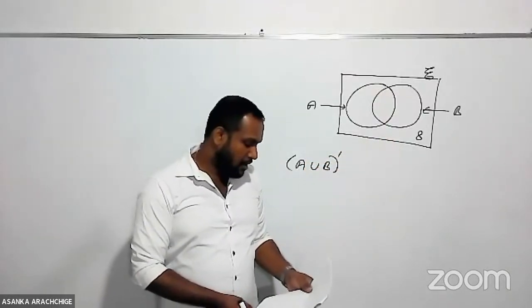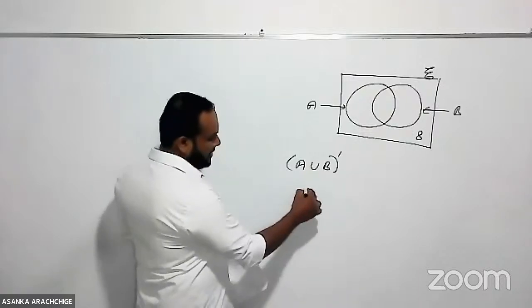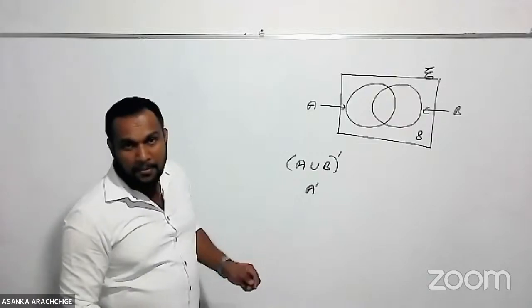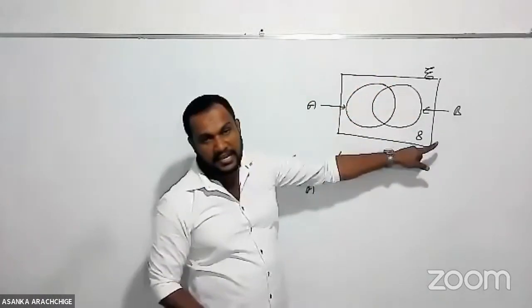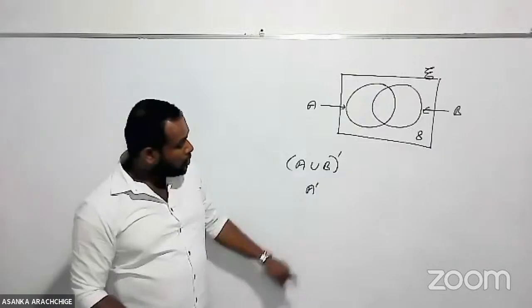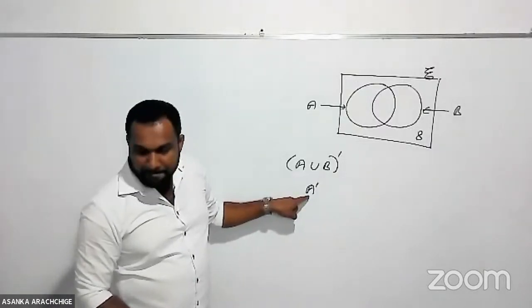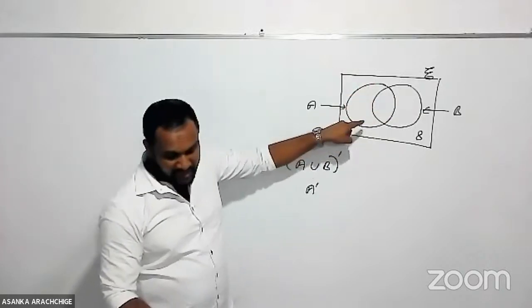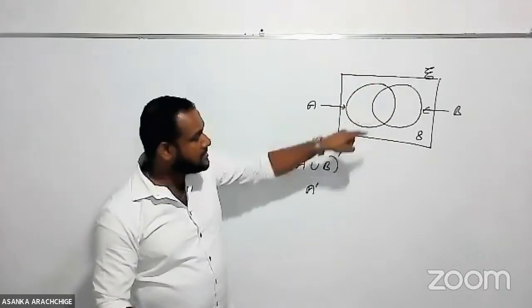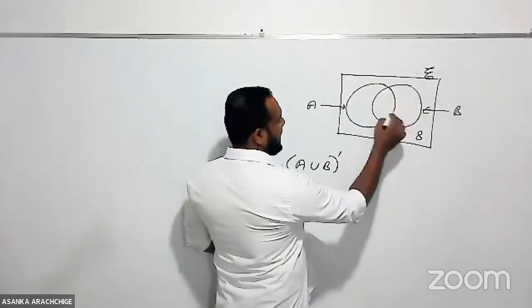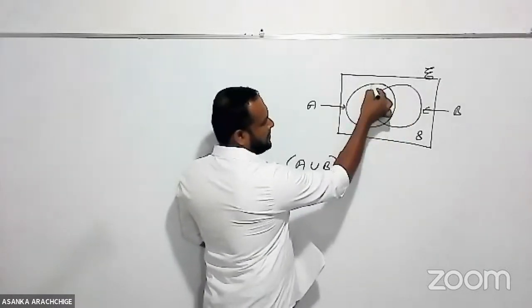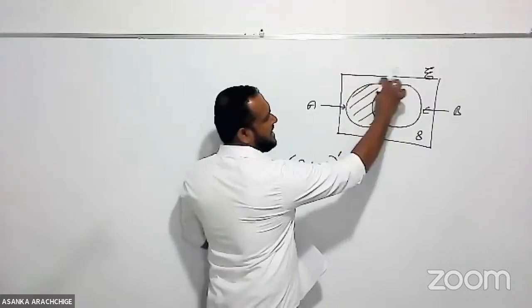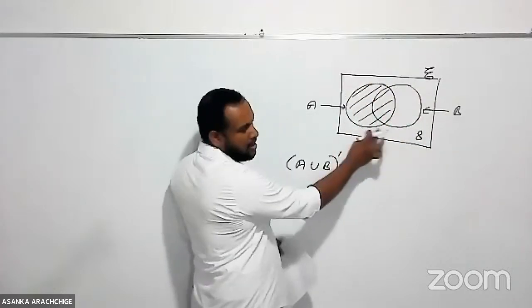A dash, 4, 6, 8. A dash means the set of elements belonging to the universal set but do not belong to A. Understood? A dash means this region.